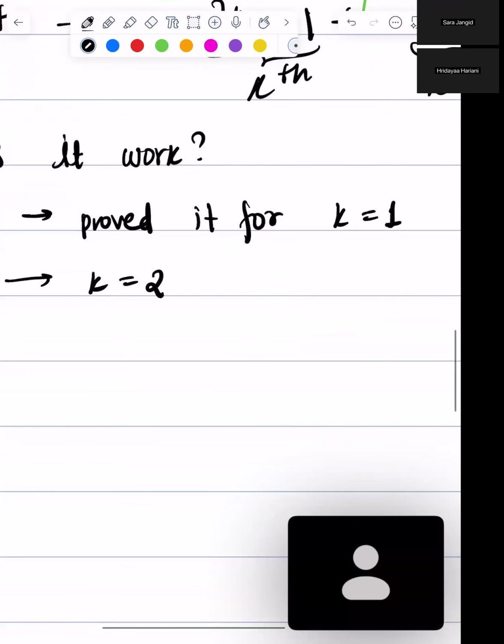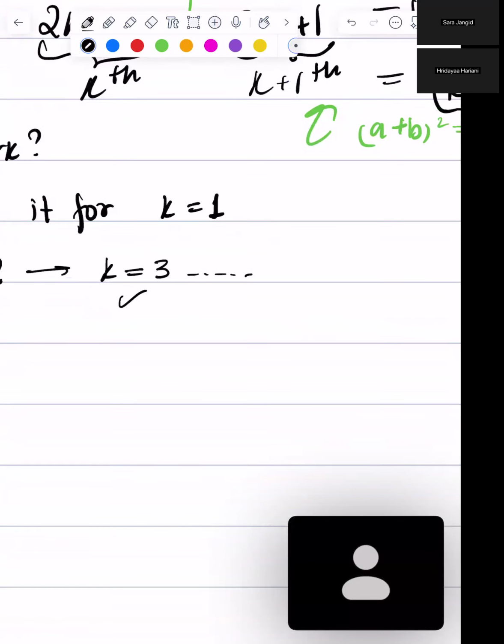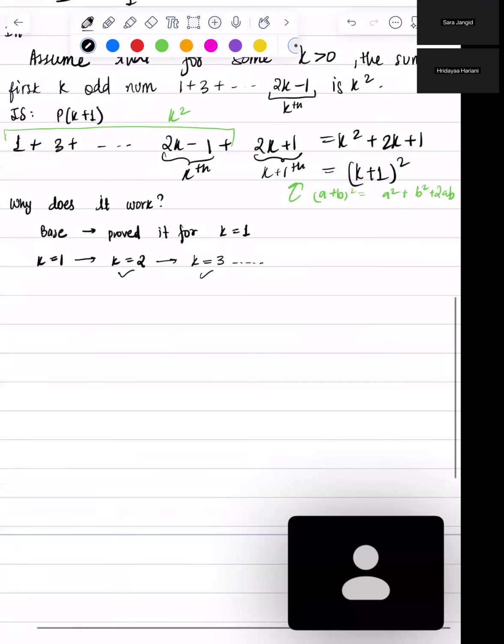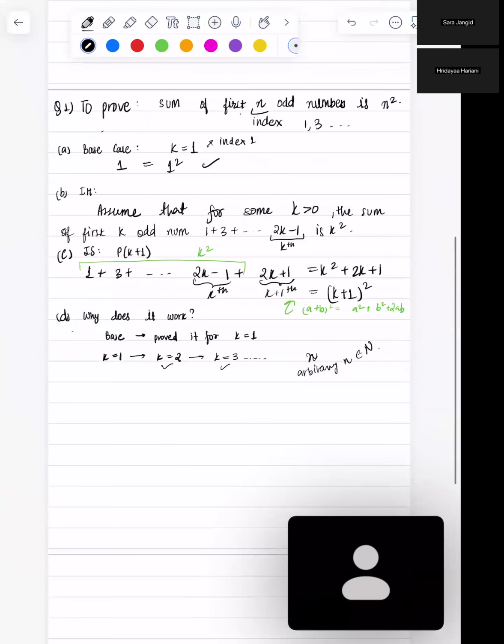Now, if you apply the inductive step again, it should work for this as well. And we keep going till n, any arbitrary n, as long as it belongs to the natural numbers, because there is no terminating condition. So this is why induction works.